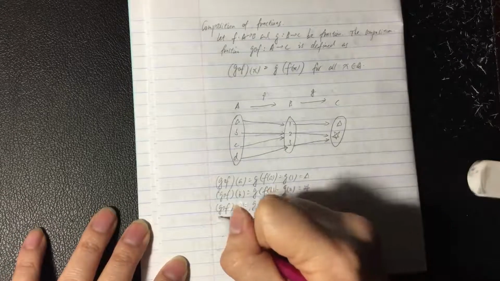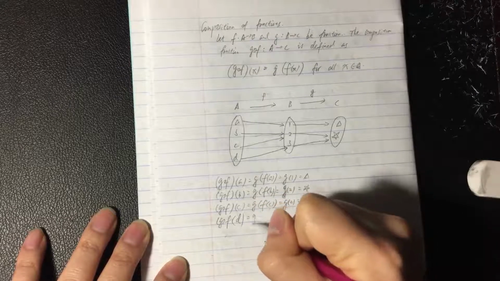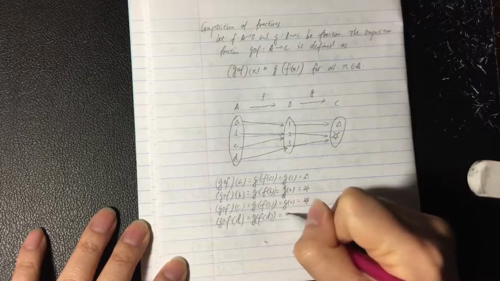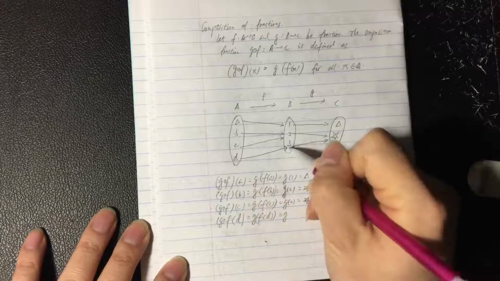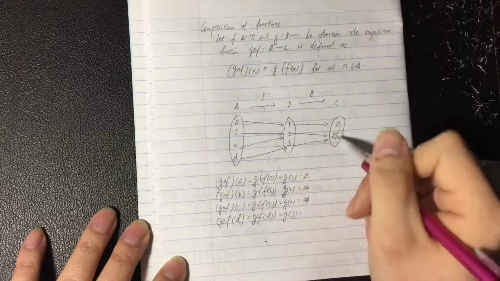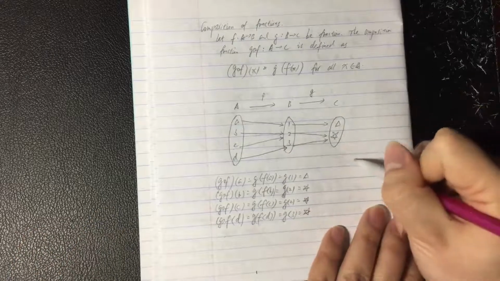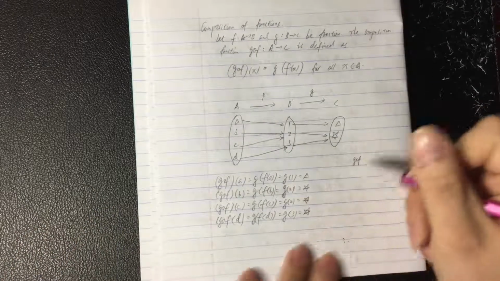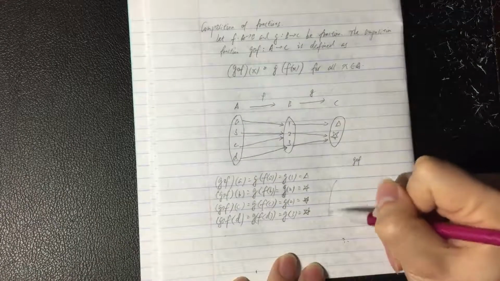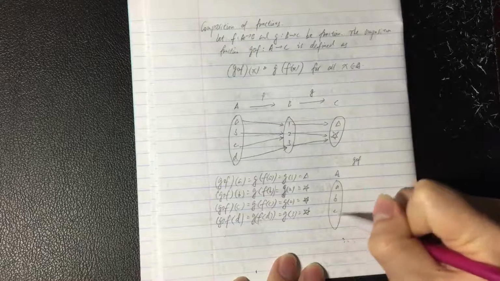Then the last one, g of f of d. By definition, that's g of f of d. f of d is number 3, and g assigns 3 to star. So g of f is a function from A to C. A is in the set a, b, c, d.